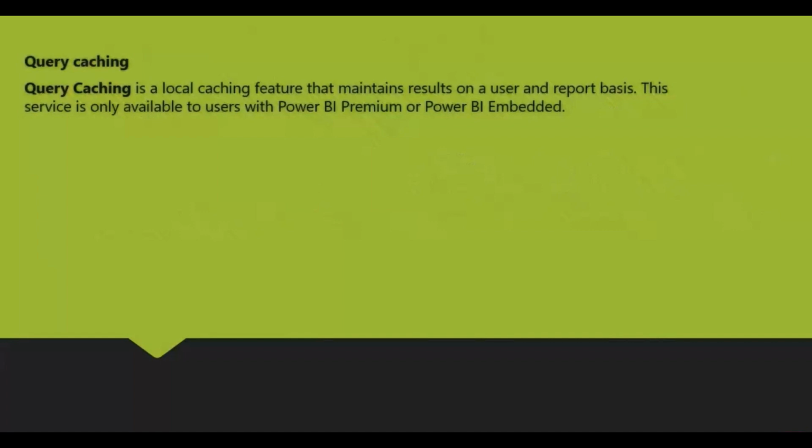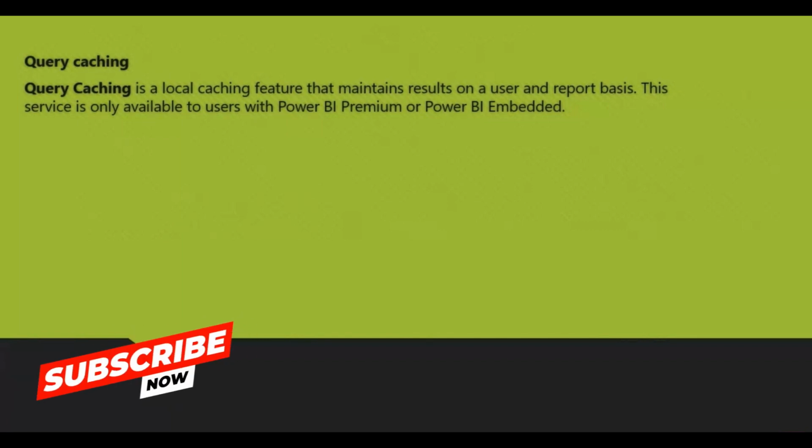It's a kind of local caching feature that maintains results on a user and a report basis. If you are using a premium account, you can start using the premium caching option. But it is only available with Power BI Premium or Power BI Embedded.